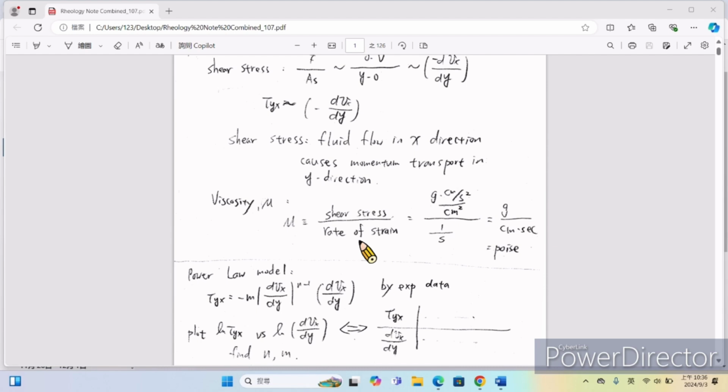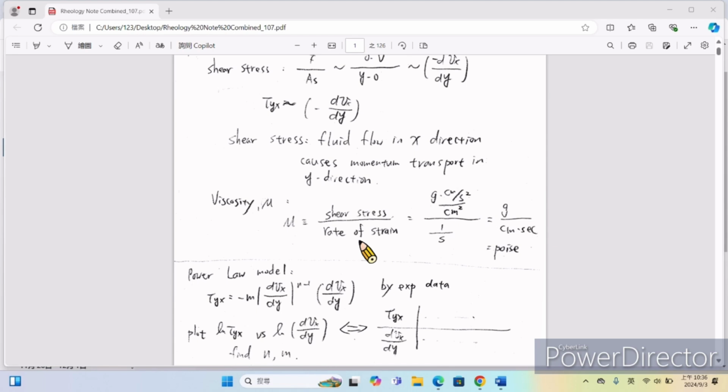Put it this way. We just mentioned shear stress is F divided by A, and it's proportional to minus dVx/dy.